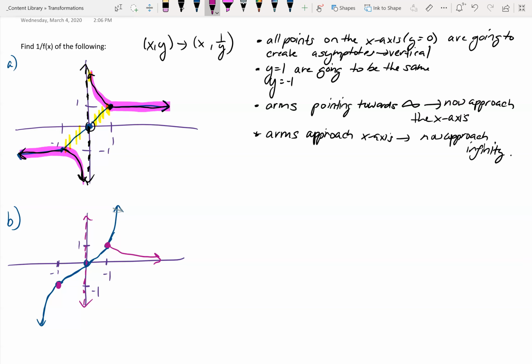Remember, your x values remain the same, it's just your y values that are changing. And it says arm points towards infinity are going to approach the x-axis. We have another one over here. It's approaching negative infinity. So that means it's going to approach the x-axis now.